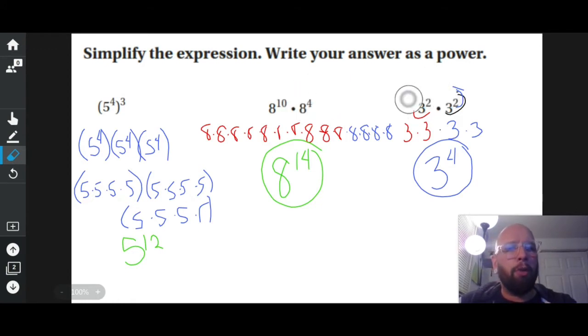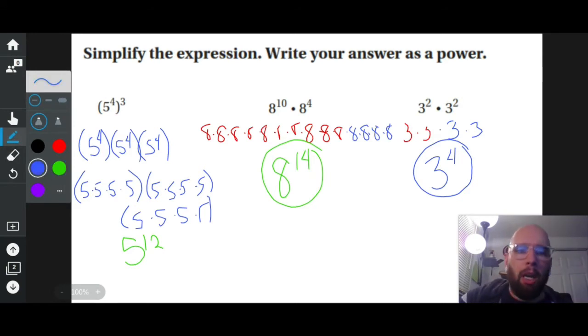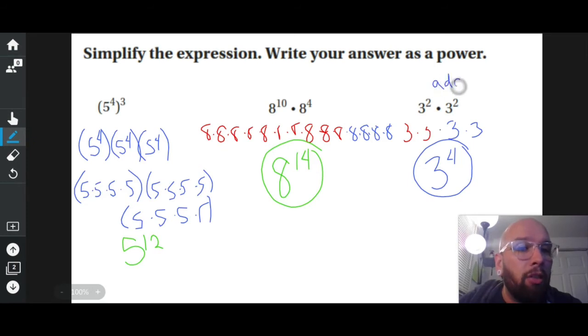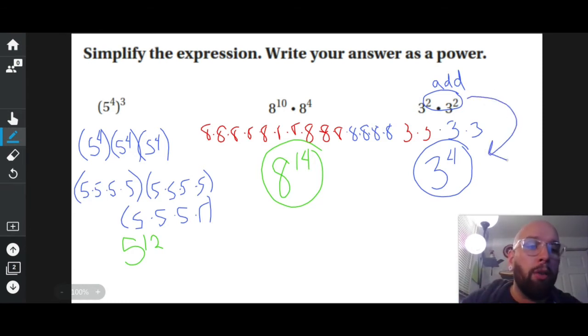I went from 3 squared times 3 squared, and that became 3 to the 4th. Why? When I multiply two numbers of the same base, I add the exponents. 2 plus 2 is 4. That becomes 3 to the 4th.